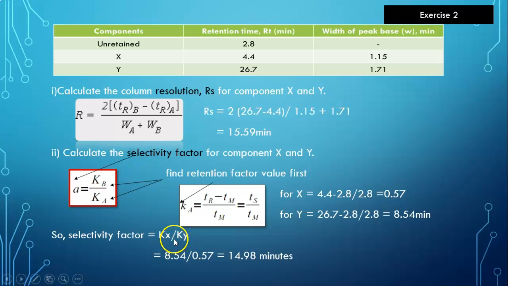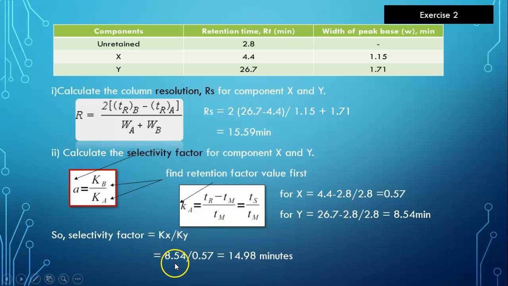Then we will substitute these values into the formula given here. Make sure you don't put it wrongly, because you need to put ky over kx. So this one is wrong. What is the correct one? You must state ky over kx. Actually, I purposely did it wrong here because I don't want you to repeat this mistake.